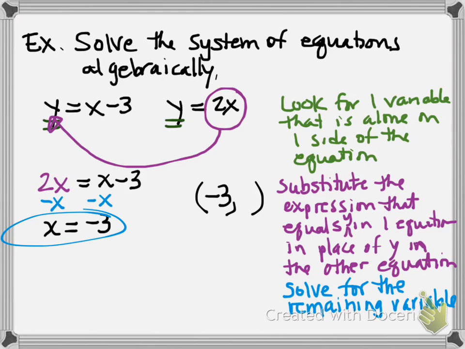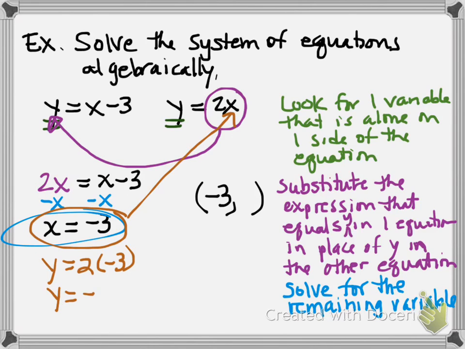So which equation do you want to use? Okay, so he's saying, let's take that value for x, and let's substitute a second time back into one of the equations, and let's figure out what y is. So we get y equals 2 times -3, which gives me y equals -6.